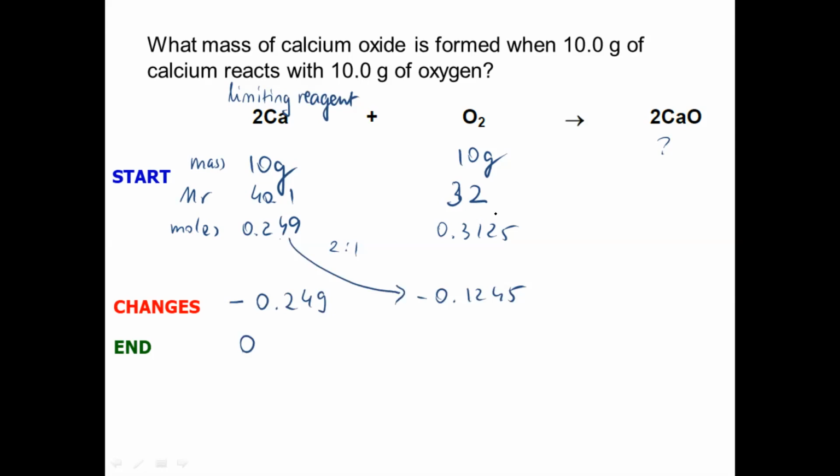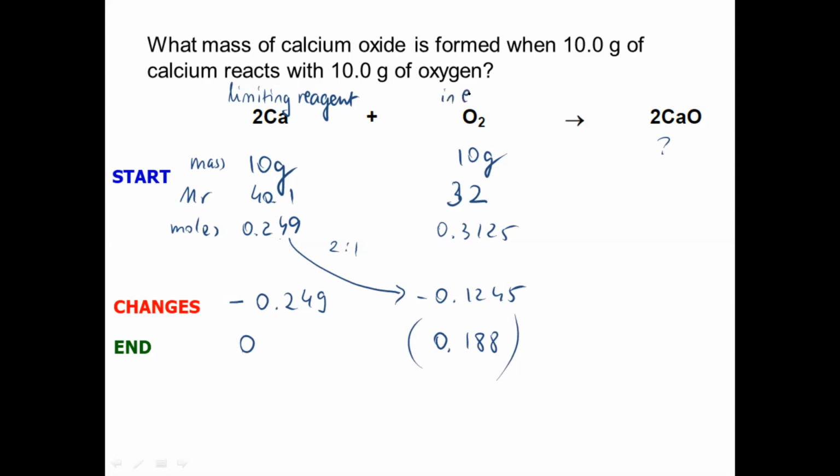So you react 0.1245 of oxygen. How much is left over? We don't really need to know, but just to make sure, 0.188 is left over. We just needed to work it out to see if it's in excess or not.